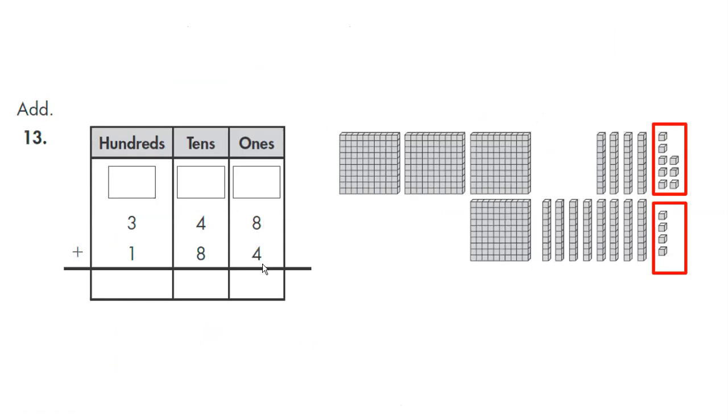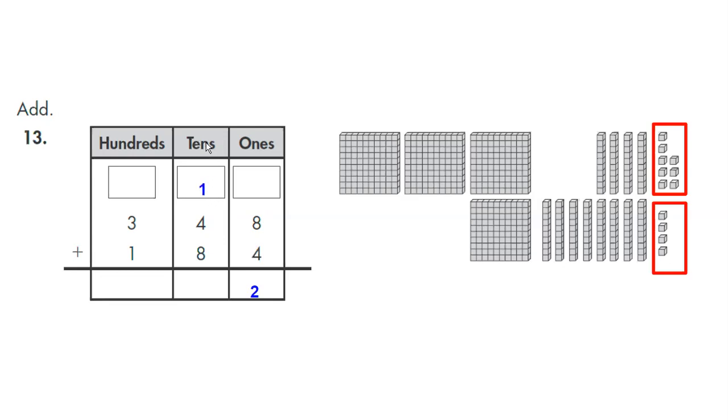So 8 plus 4 equals 12. Can I put 12 in the ones column? Nope, it's too big, so I have to regroup. How many ones are in 12? There's 2. And how many tens in 12? There's 1. So I put the 1 up here.